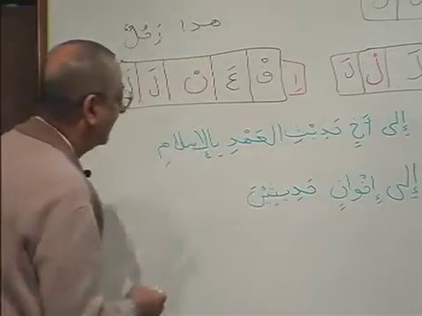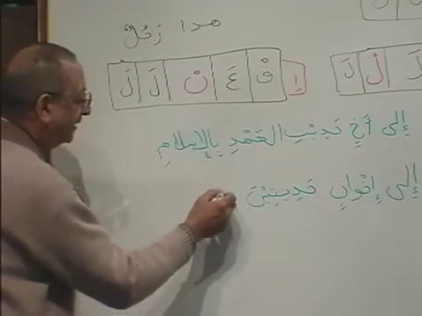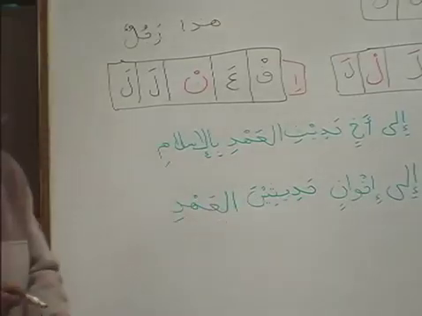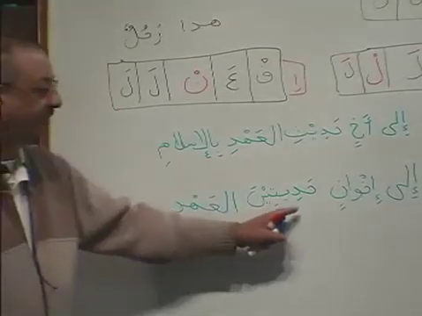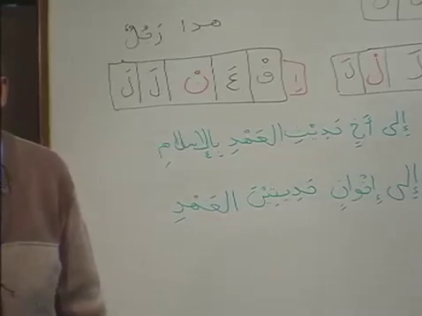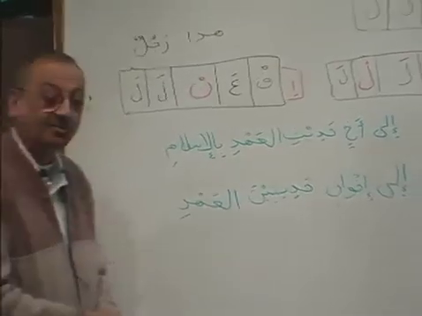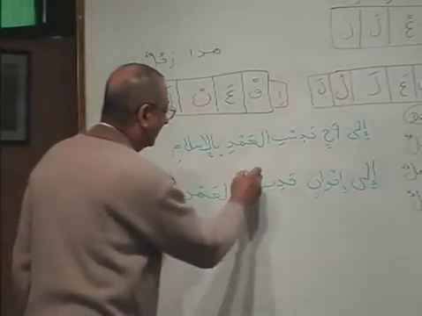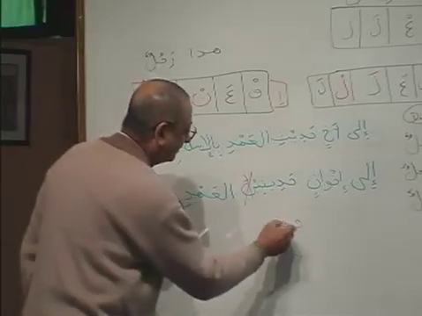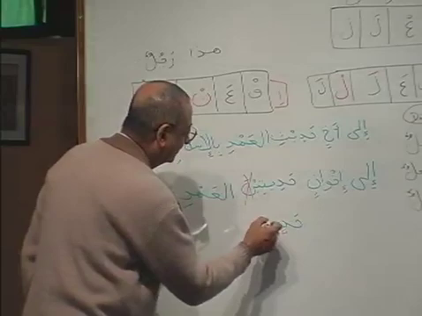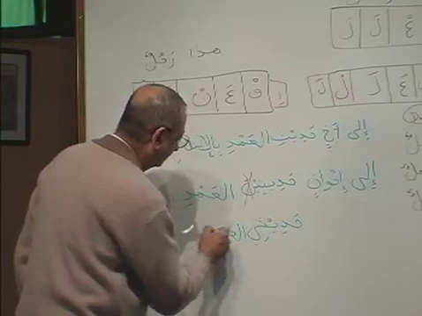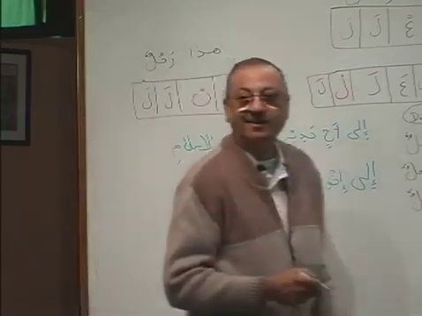Hadithina. And now after that it is coming ahdi. What is this? Mudaf ilayhi. So if the jama mudhakkar salim is mudaf, the noon has to be dropped. So this is what happened here. This noon got dropped. And what is the result now? Got the idea, brothers and sisters?